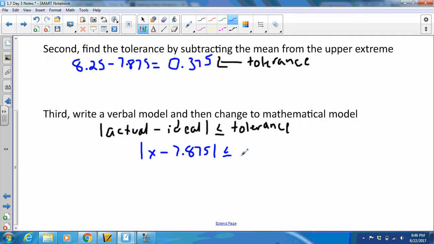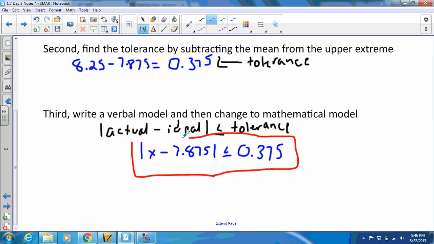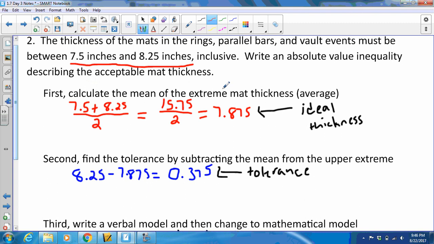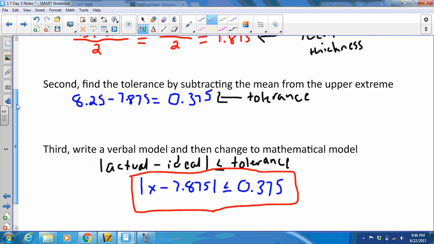Then our tolerance was what we got up there, 0.375. And then this inequality is your solution. Basically these three steps you will always do every single time. You have to write an absolute value inequality given your two values. Okay, so this is what you would get.